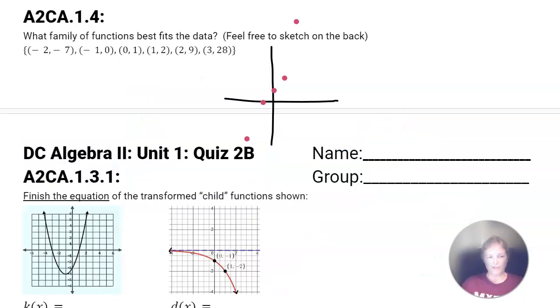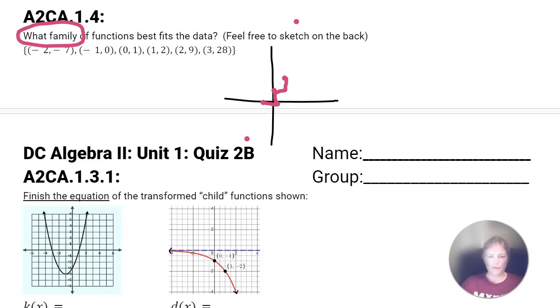In this last question on the quiz, it says, what family of function best fits the data? So I'm asking what family? That's the name of the family. So I plotted these points in relative terms, right? So these 3 points all went over 1, up 1, over 1, up 1 here in the middle, which was interesting.